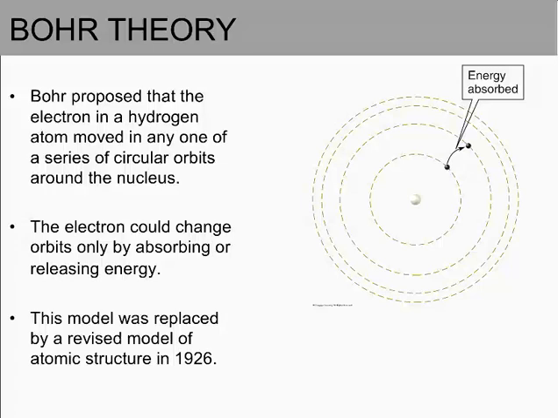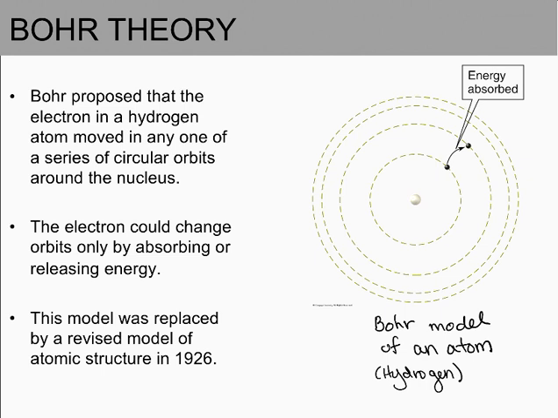Now, Niels Bohr was a scientist in the late 1800s, early 1900s, who proposed that the electron in a hydrogen atom moved in any one of a series of circular orbits around the nucleus. So on the right-hand side, you can see the Bohr model of an atom, and in particular, this is for a hydrogen atom.